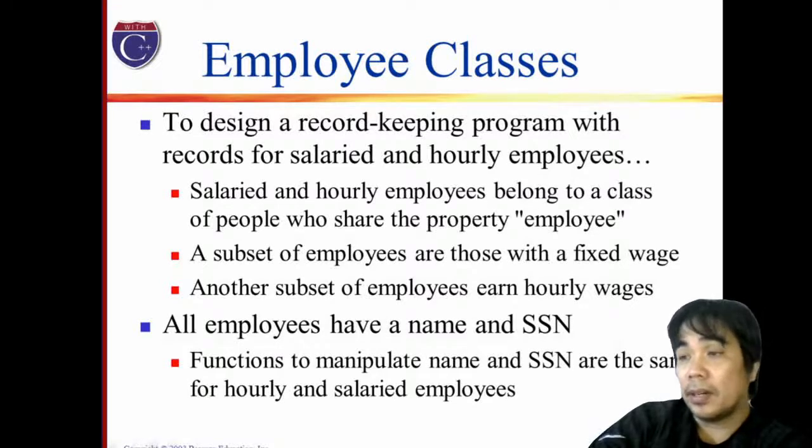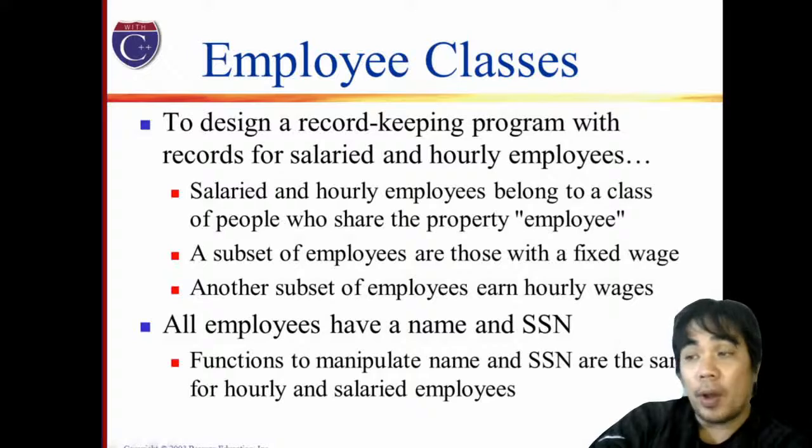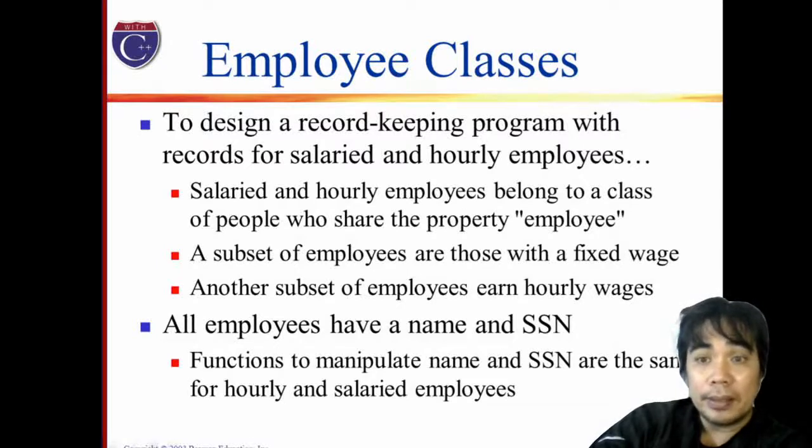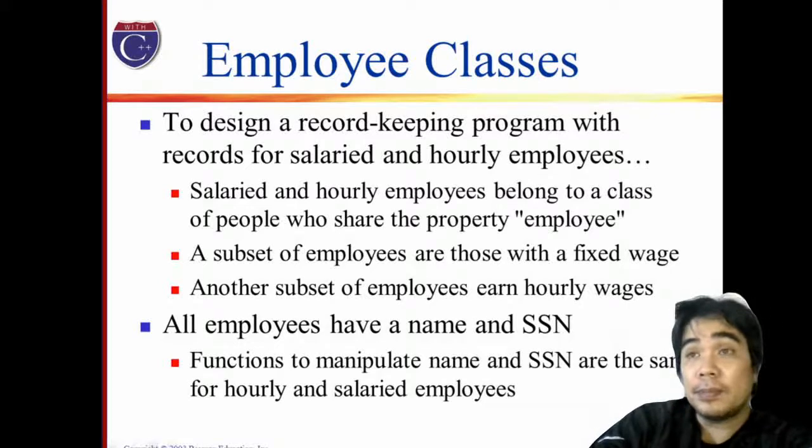Another subset of employees is fixed wage. Another subset is hourly wage, or you can also have overtime wages for the employee. All employees have a name and a social security number. You can also use an employee number or any type of identification for the specific employee.